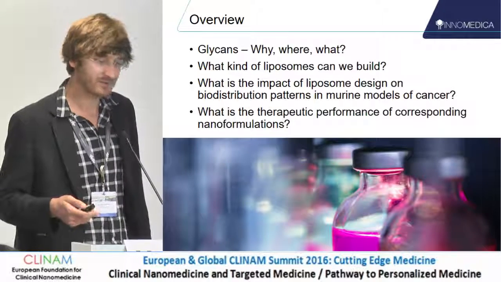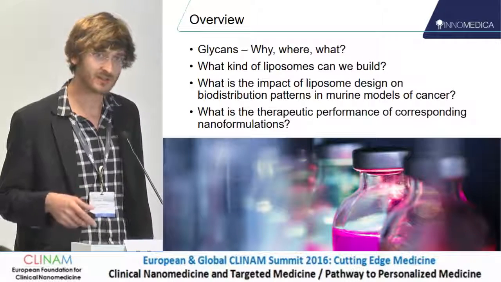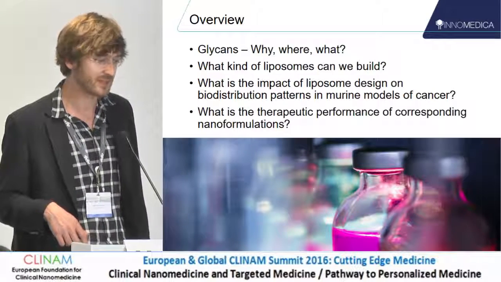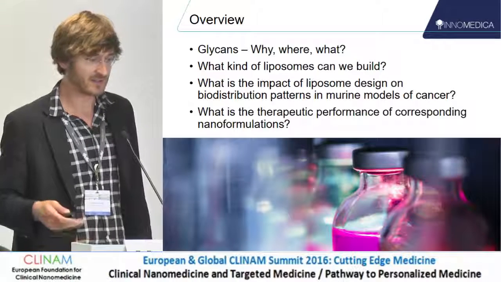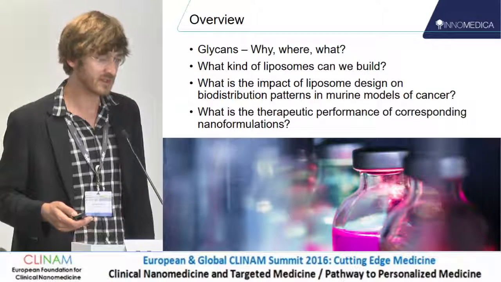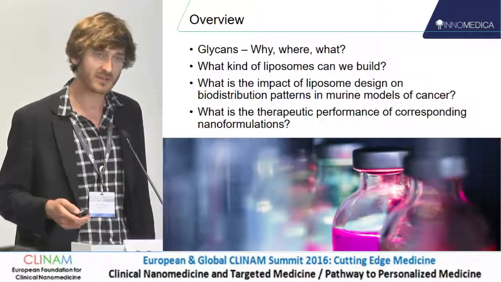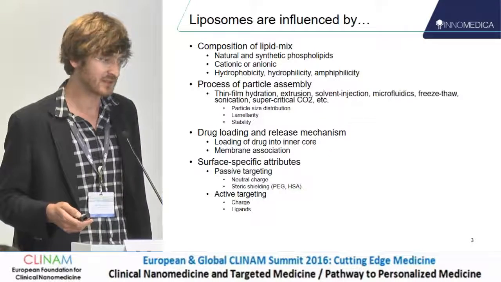A couple of examples, what we have tried in vivo, whether or not these surface modifications enable cancer targeting or also different patterns of biodistribution. And last, we investigated, of course, the therapeutic potential behind this.